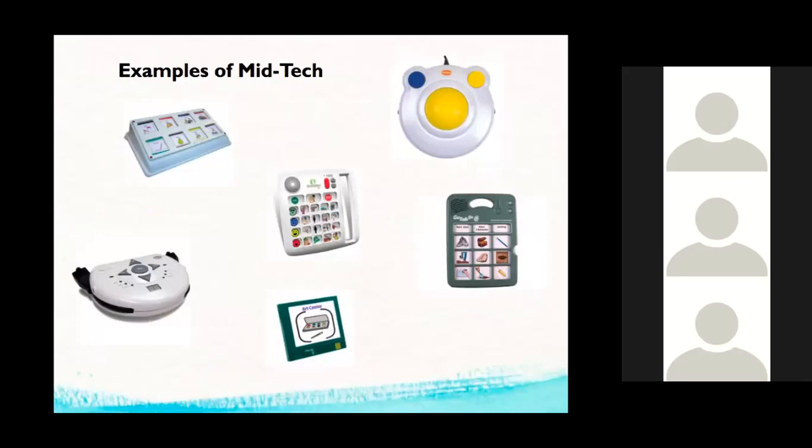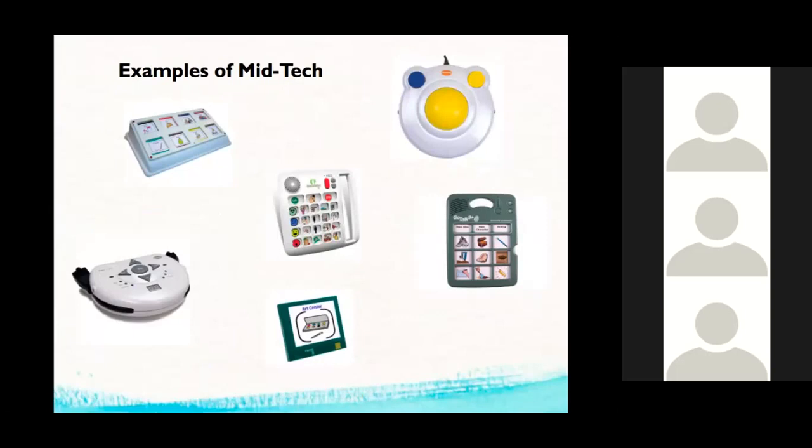Here's some mid-tech. These are several communication devices. This one on the left side helps you use a switch with something like a blender or a fan that has an on-off switch, and you can attach a switch, and it helps this child turn on something that's in their room at home, or maybe turn on a light switch.